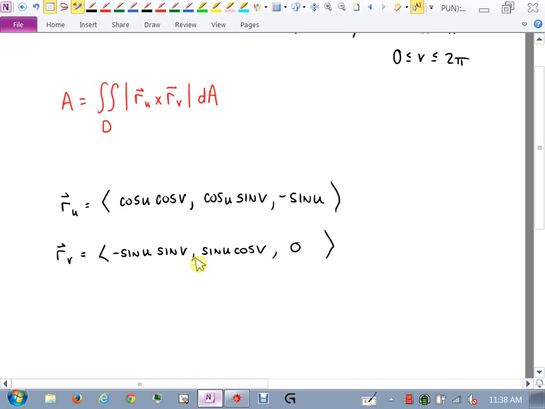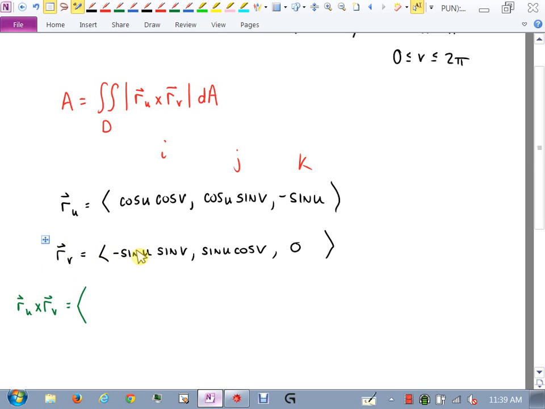I wrote them this way because it would be easiest for us to do the cross product. If I throw my i, j, k up above it, I can do my cross product right here. So the cross product of the partial of r with respect to u and the partial of r with respect to v will be a vector.